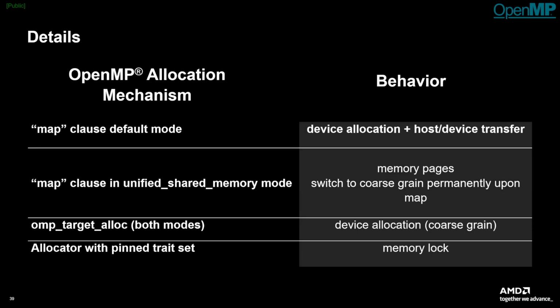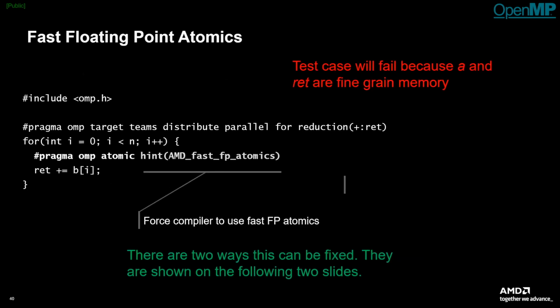And when we use these other allocators, we can also control what kind of memory we're getting. So OMP target alloc, we're going to go ahead and allocate it directly on the GPU.